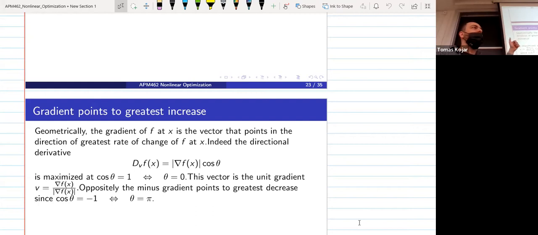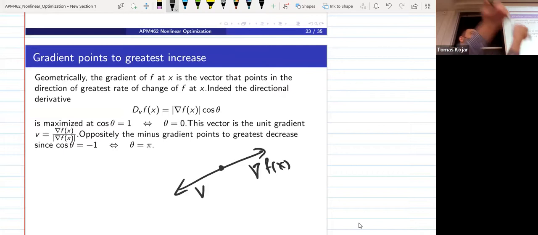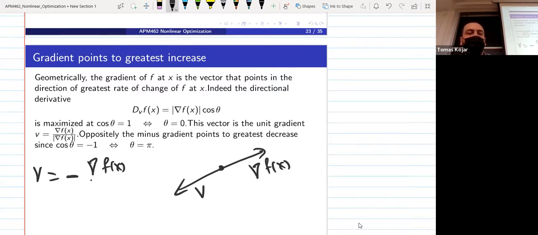The cosine of theta is -1. And so pictorially, you're moving opposite to the gradient. So you move the other way, okay? And this is called gradient descent. So when you want to do gradient descent, you take minus the gradient of f of x.